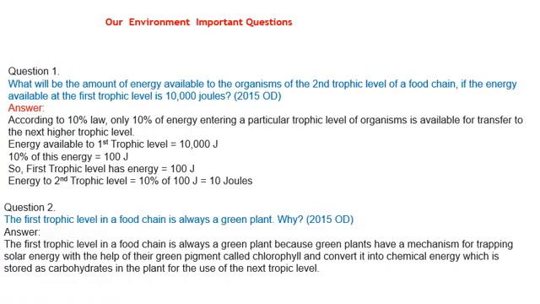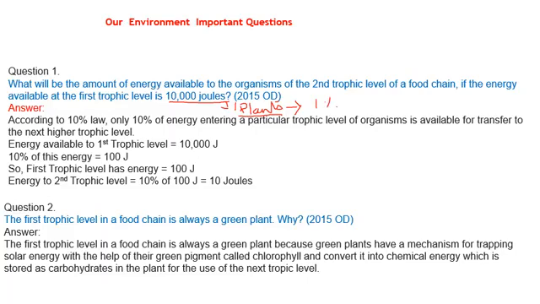Question number 1. What will be the amount of energy available to the organisms of the second trophic level of a food chain if the energy available at the first trophic level is 10,000 joules? So the first trophic level has the energy available. And what is present in the first trophic level? Plants are present in the first trophic level, right? Now, remember one thing here. Plants are going to absorb 1% of the energy that they initially get.